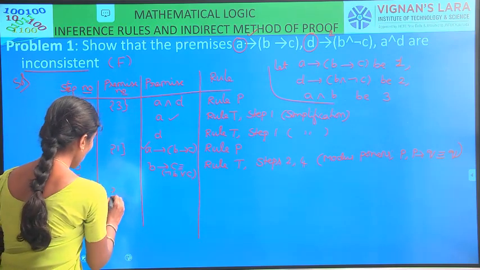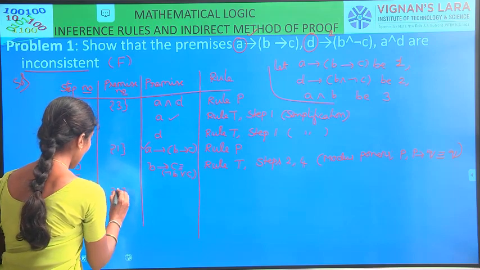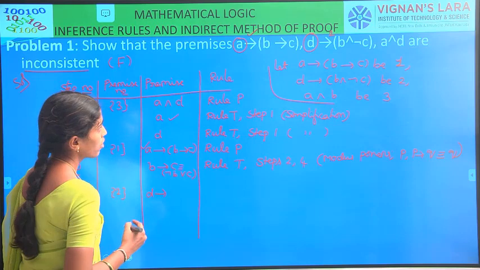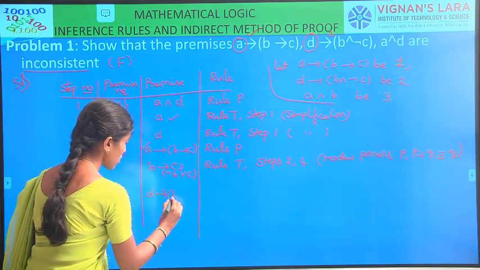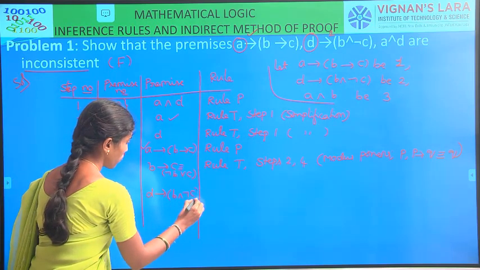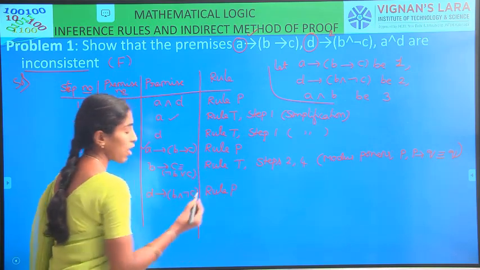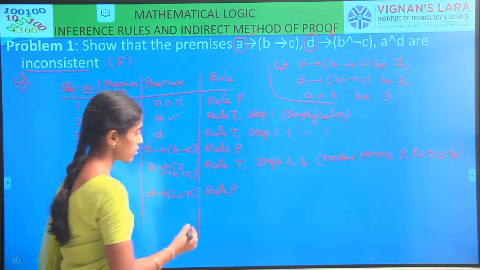Now I am introducing the second premise, which is D conditional B and negation C. It is rule P because we are writing the given premise as it is.